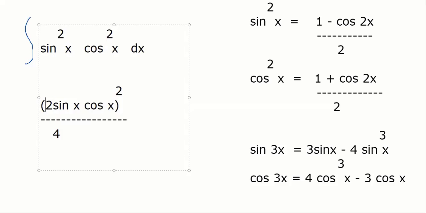Now, what is this? What is 2 sin x cos x? Trigonometry. Sin 2x. Sin of 2x, right? So I'll write instead of that sin of 2x. कर सकता हूँ मैं ऐसा?